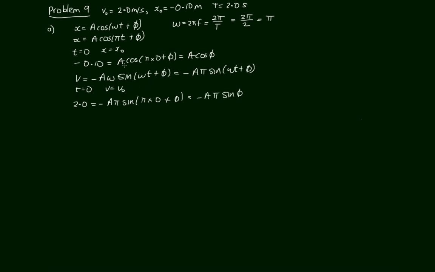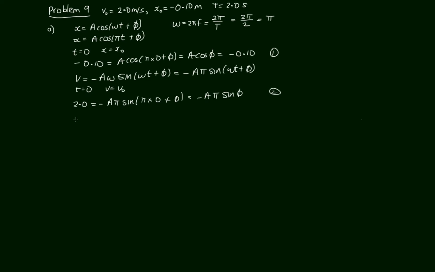Okay, so let's call this equation for x here, we'll just move this here. Let's call that equation 1, and let's call this one equation 2. Now, we can do a couple of trigonometric tricks here to work out what phi is and also what A is. Let's start with phi.